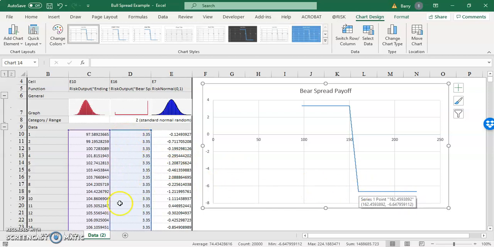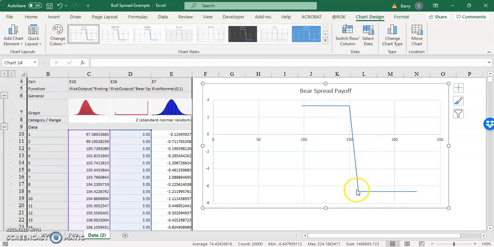We can see the actual amount if we scroll down here. In between there's a range where we also have a positive payoff if the stock price goes above 150, but only to a certain level. And then we would end up incurring a loss. So we're really betting on the stock price to go down here and locking in a payoff here, but limiting the loss if the stock goes up.